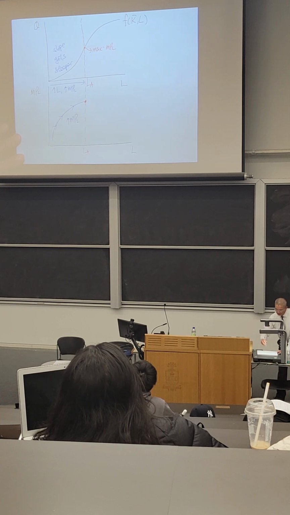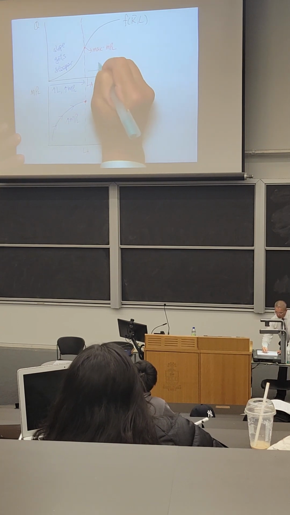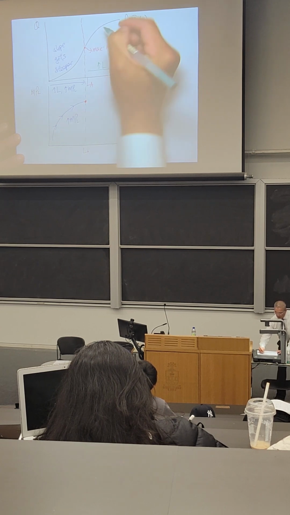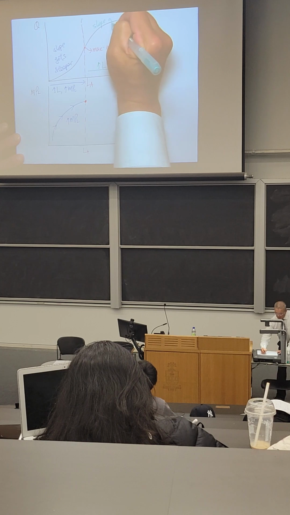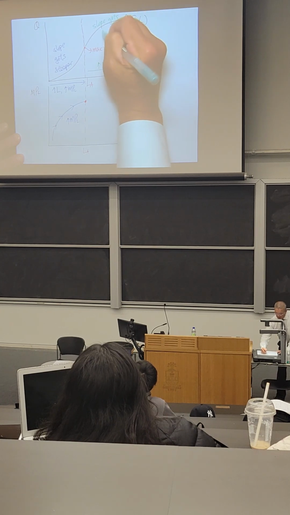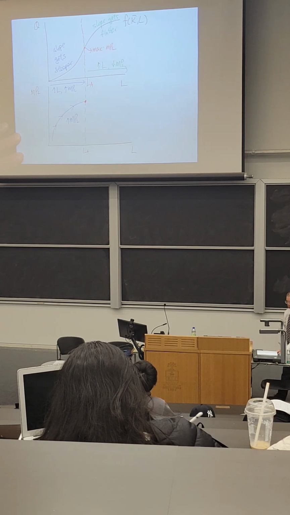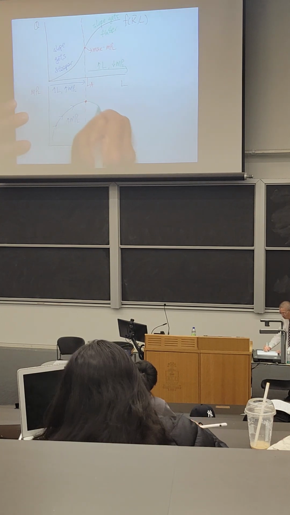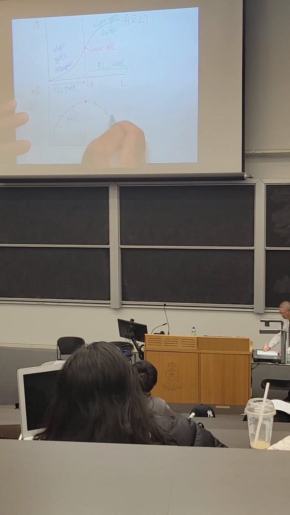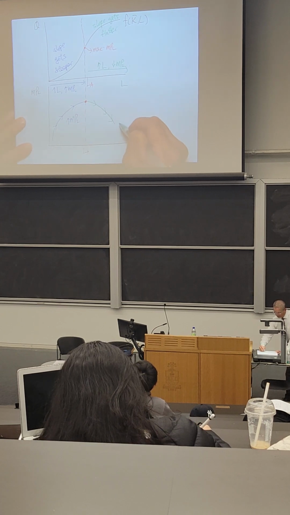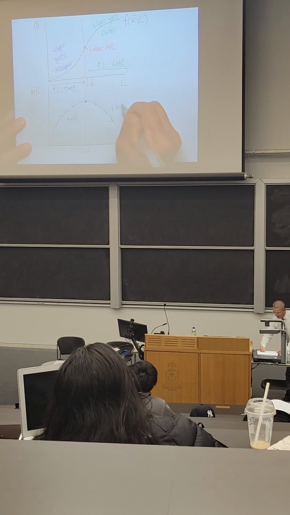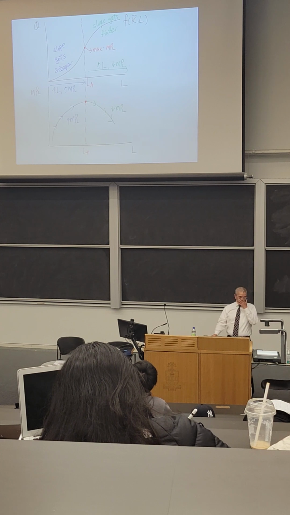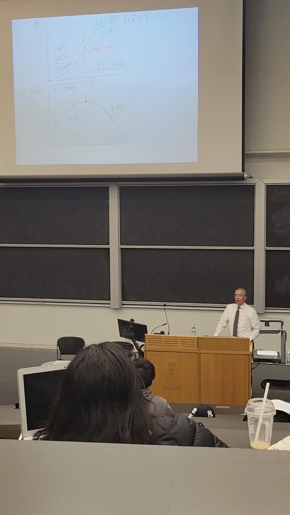And beyond that, if you continue to use more labor input, marginal product of labor will drop when the slope gets flatter. If you go in this direction, that is, the marginal product of labor will drop. So the marginal product of labor is also an inverted U-shaped curve.